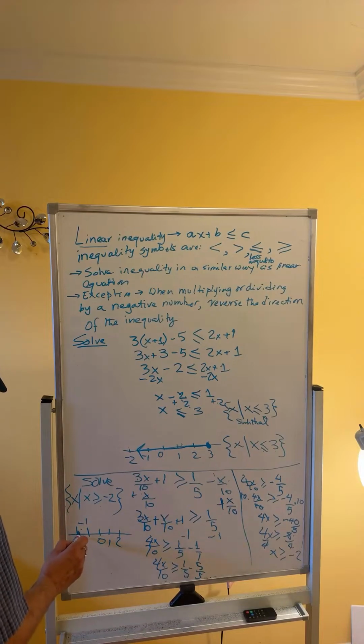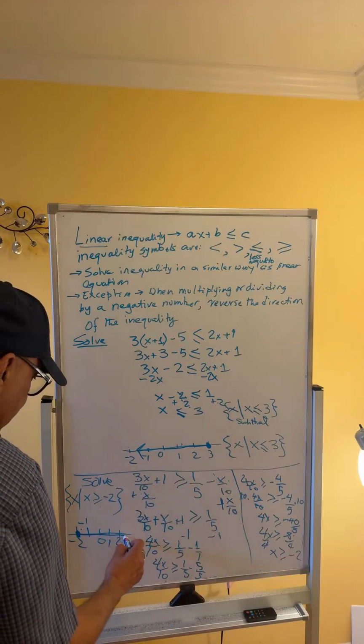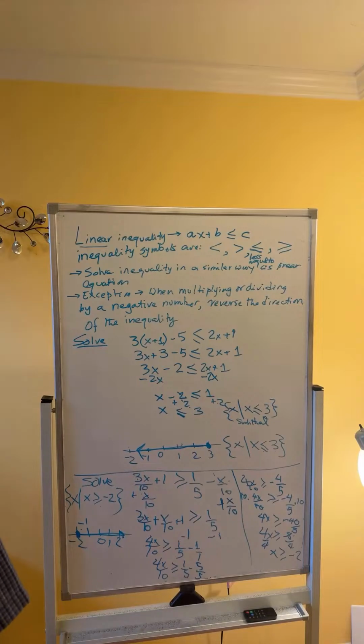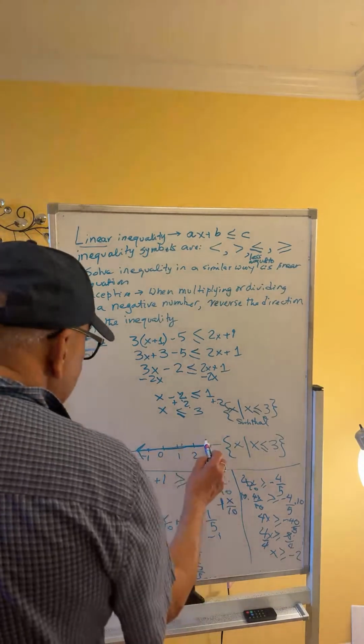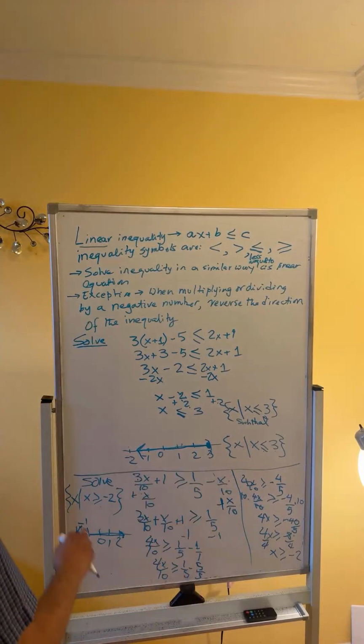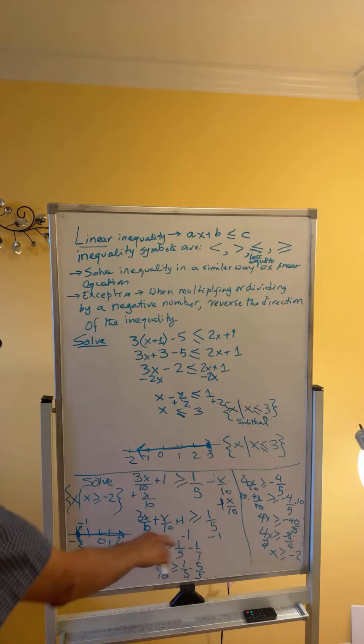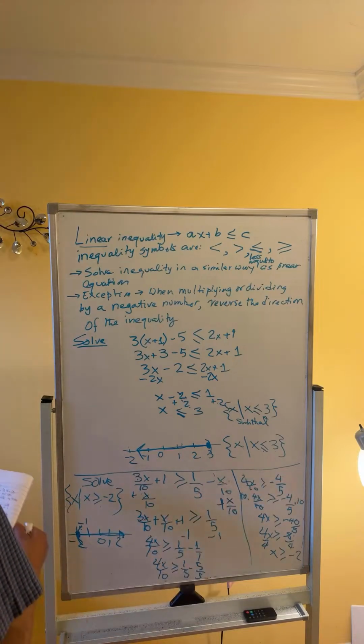So you put a filled circle at minus 2, and greater than minus 2 means all the values on the right. Okay, and usually when you do that you also put a parenthesis, like you could have put a parenthesis here too. So this is the graphical picture or graph of the solution, which is the set of numbers x such that x is greater equal to minus 2. That means on the right of minus 2.